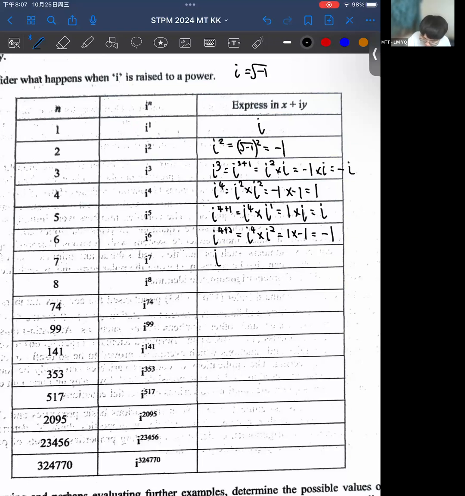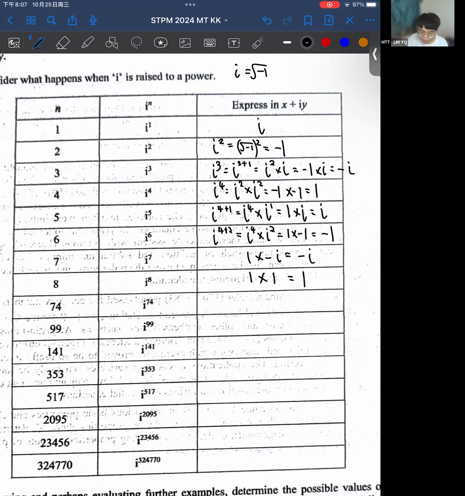Actually, even if I don't tell you, you can already see the pattern. The seventh is 1 multiplied by -i, so it is -i, like the third and the fourth. And the 8, 4 plus 4, i power 4 multiplied by i power 4, 1 multiplied by 1, gets back 1.